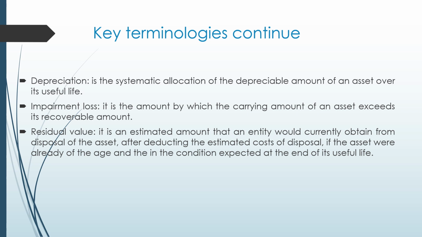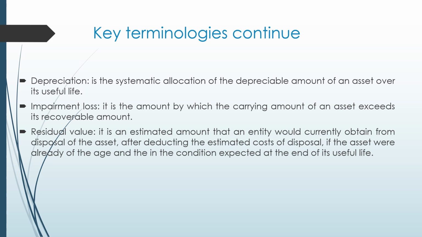Now, accumulated impairment. An impairment loss is the amount by which the carrying amount of an asset exceeds its recoverable amount. We have defined what a recoverable amount is. For a quick recap, we said that it is the higher of the net realizable value and the value in use. We've already defined what a carrying amount is.